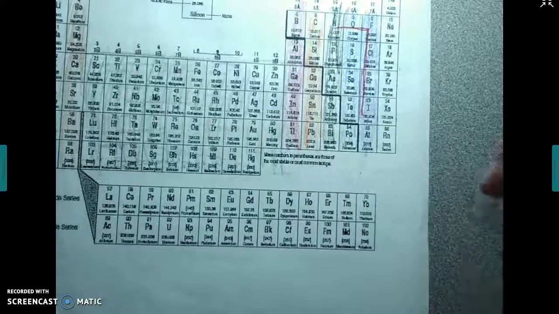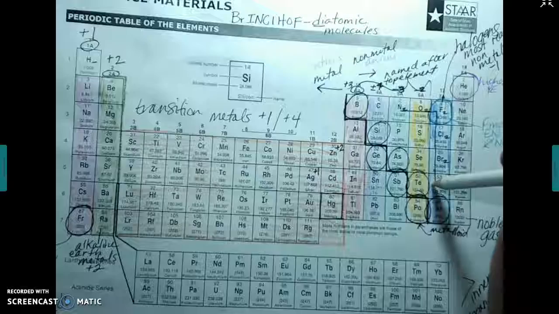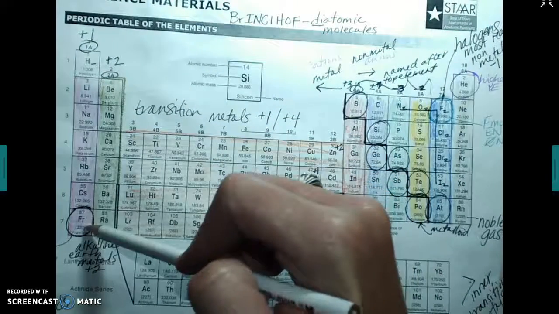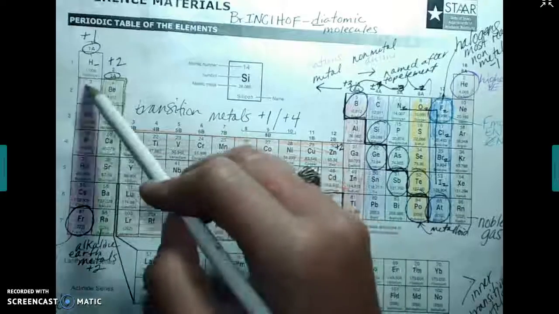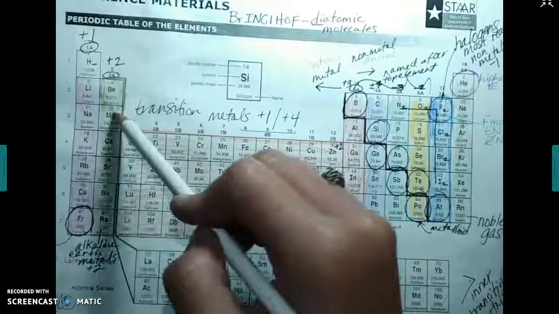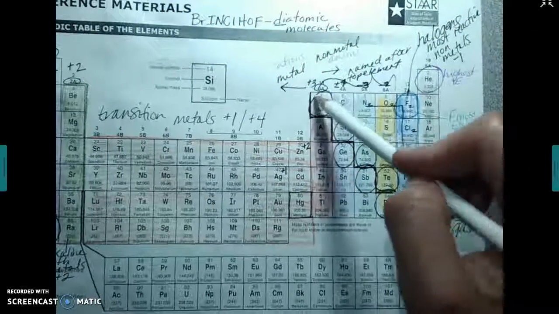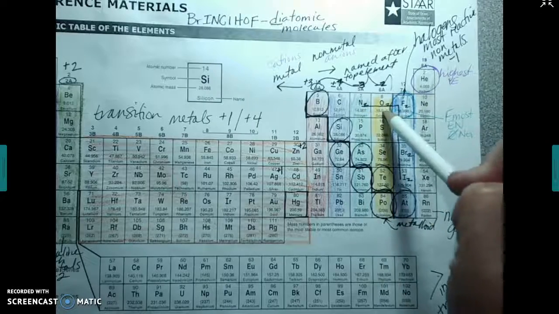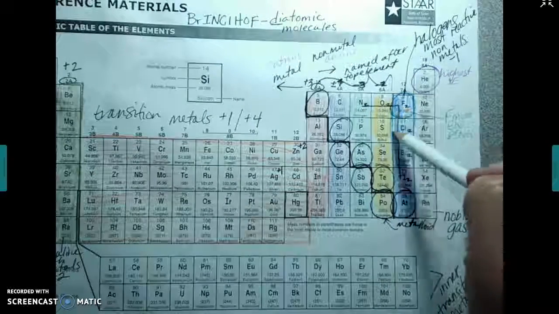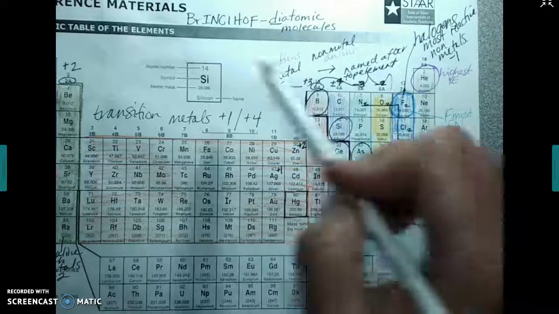You must know all of the names of the main group elements. Okay? So the alkali metals, the alkaline earth metals, alkali metals being the most reactive metals, the alkaline earth metals, the boron group, carbon group, nitrogen group, oxygen group, then the halogens, and then the noble gases.